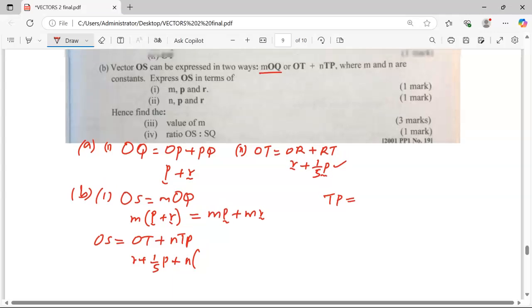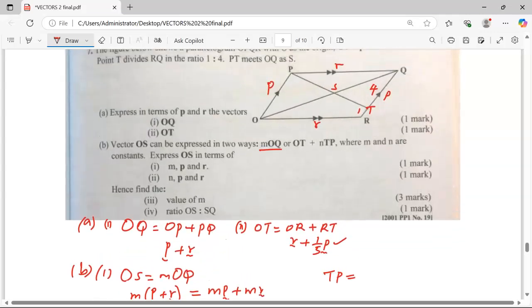For us to get TP, we must use the route TR.